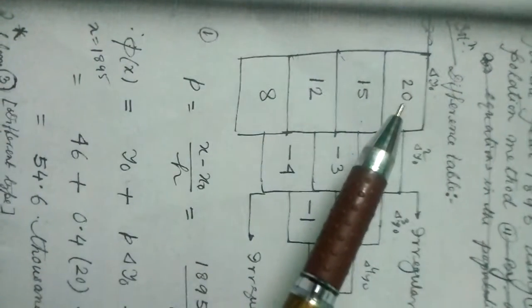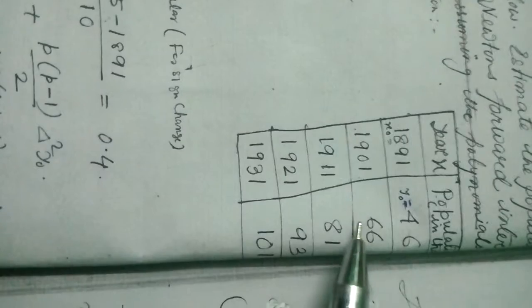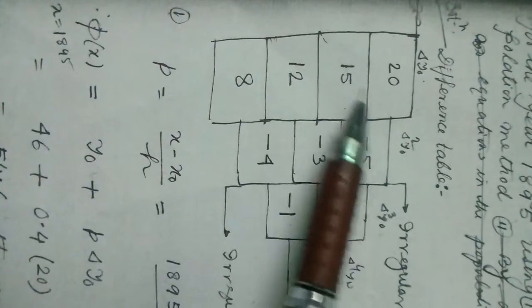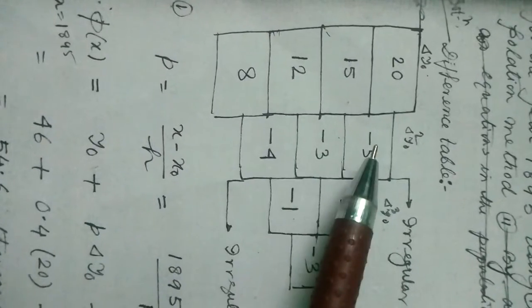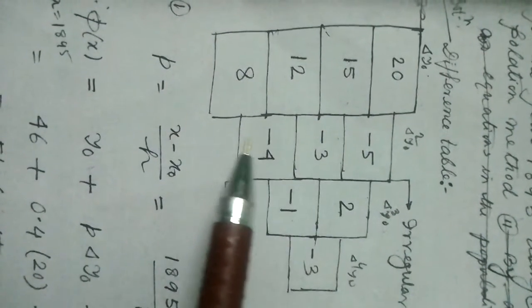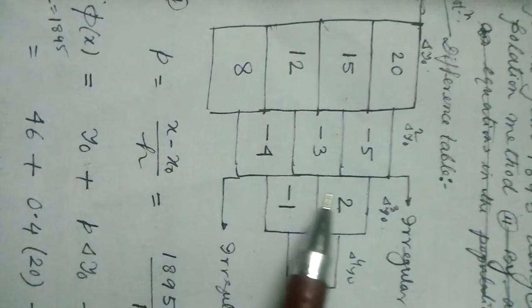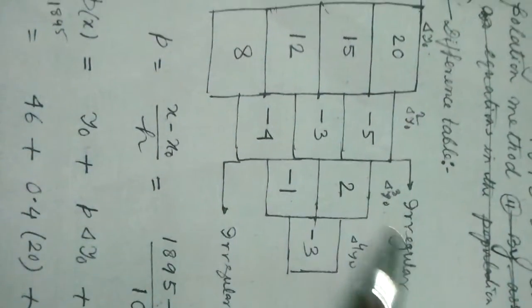Now this is delta y, means this minus this is 20. Then 20, 15, 20. You know how to prepare the difference table. Now all are negative here, but here positive and negative, so you just don't take this one. So up to second degree. So you can find out p.